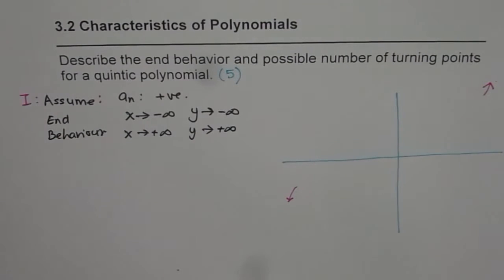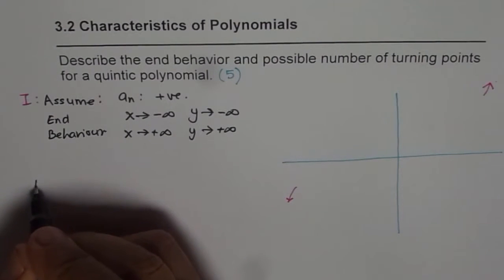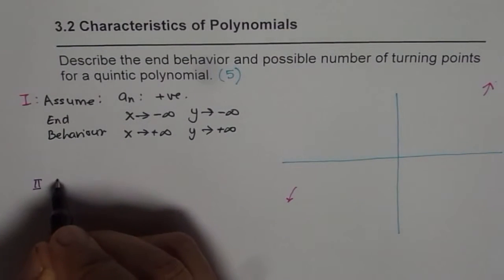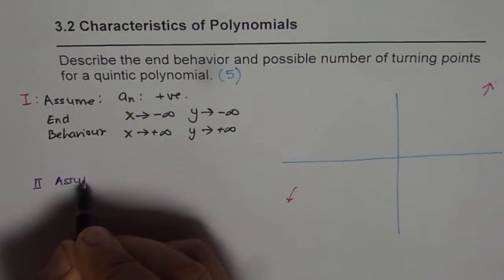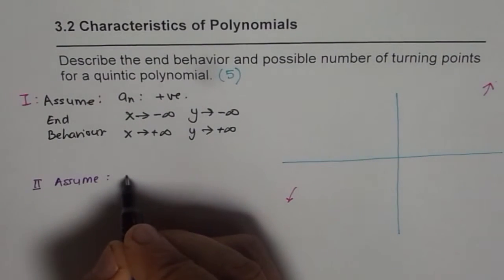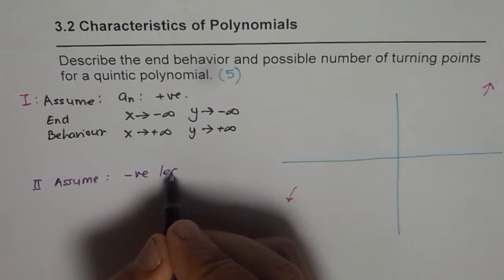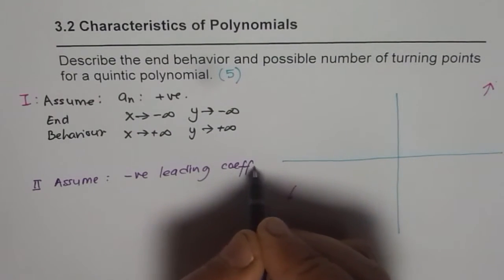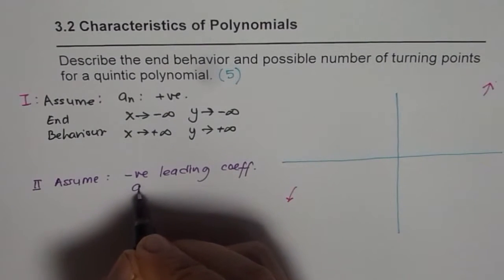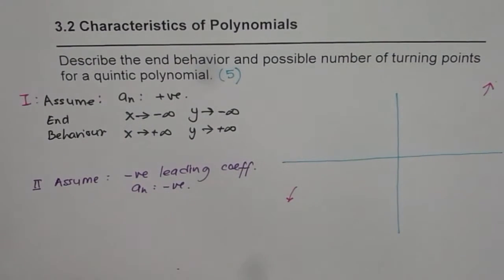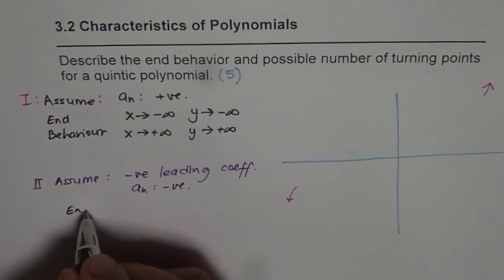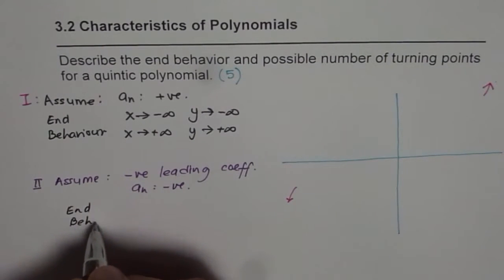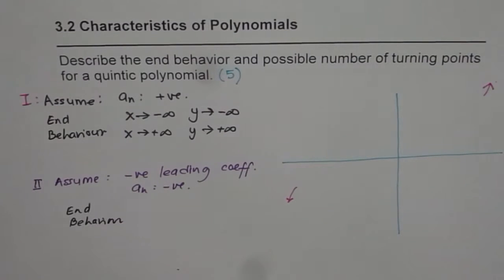And the second case is we will take up case 2, when we assume negative leading coefficient. That is to say, if an is negative, correct? In that case, what is the end behavior? Tell me. In that case, end behavior is kind of like this.